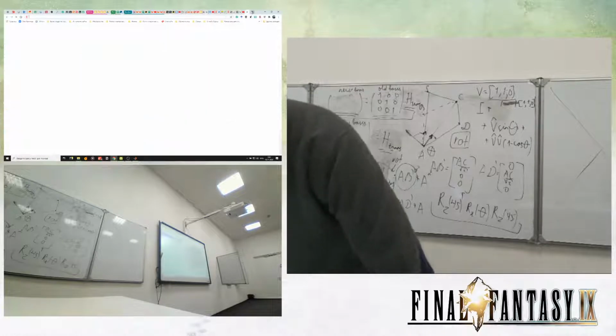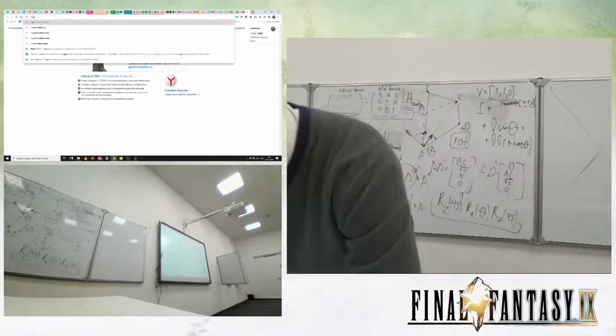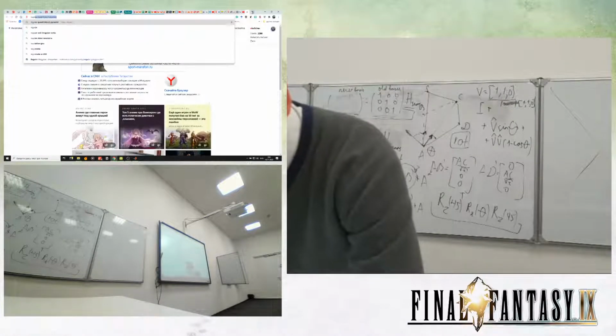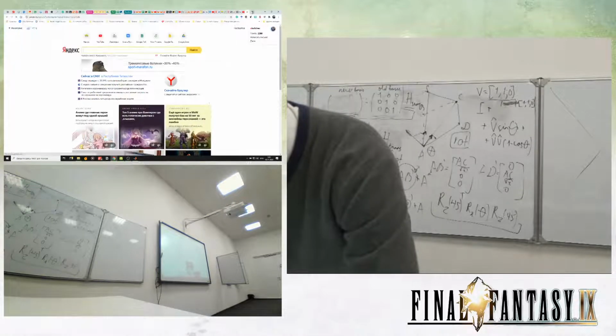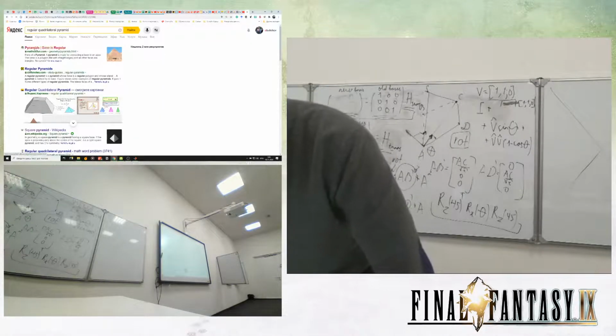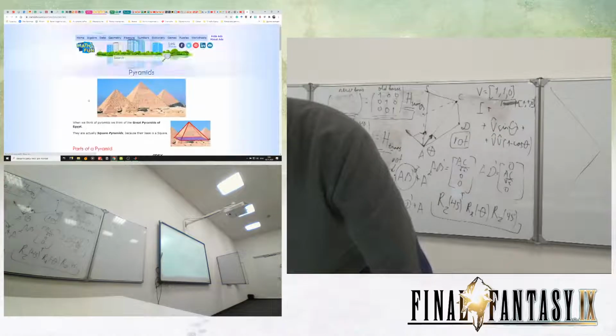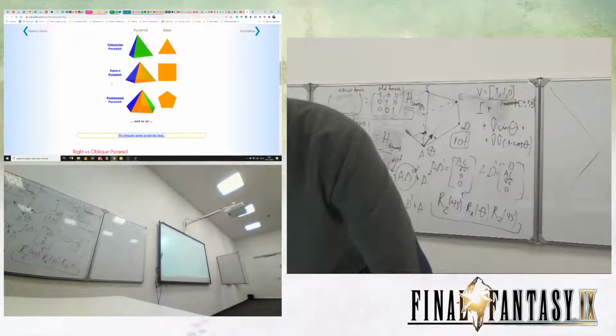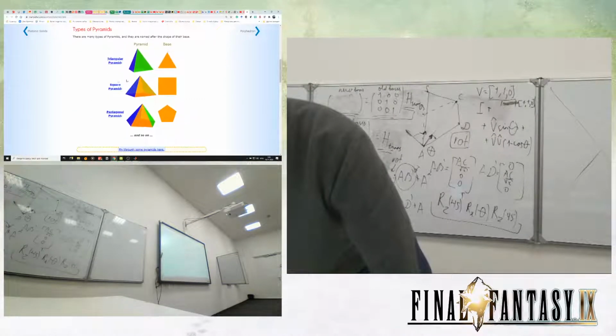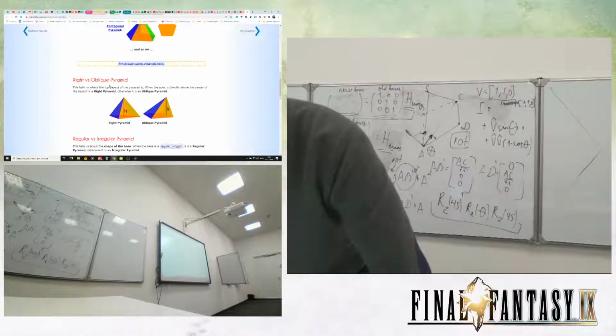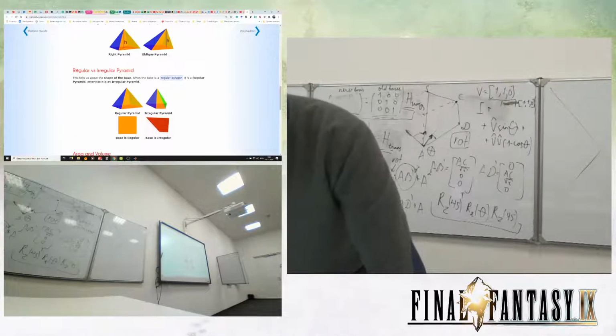Let's Google regular square pyramid, regular, irregular pyramid.